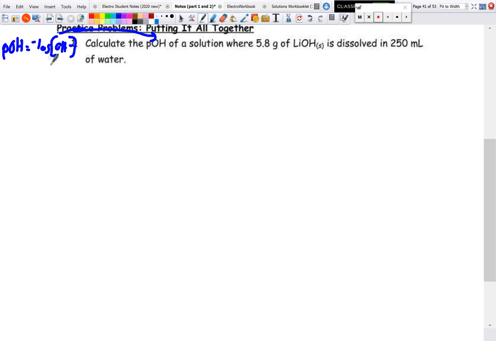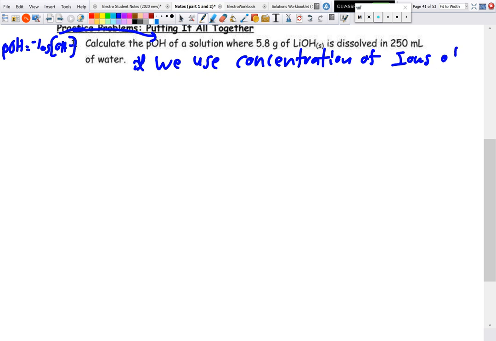And remember, hydroxide is an ion. So this is where we use concentration of ions to solve questions like these.